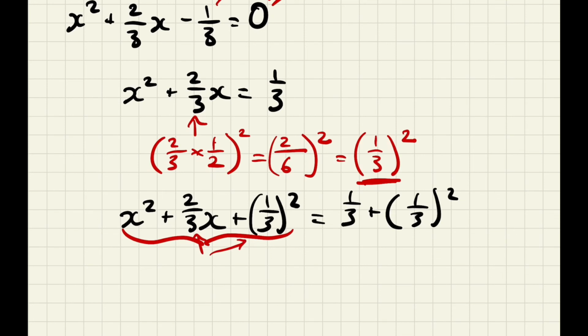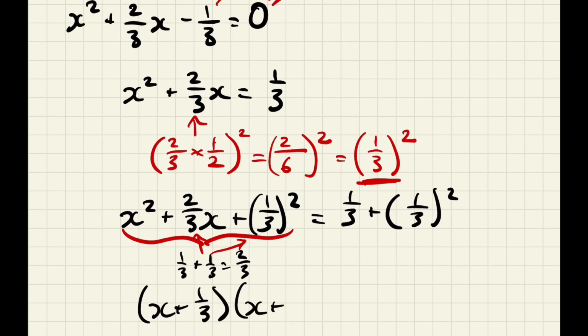The answer to that is 1/3 and 1/3, because a third plus a third gives us 2 on 3, and then a third times a third gives us a third squared. So let's put those in. So then we'll have x plus a third, and x plus another third is equal to 1/3 plus 1 on 3 squared. That combined together is going to give us 4 on 9.